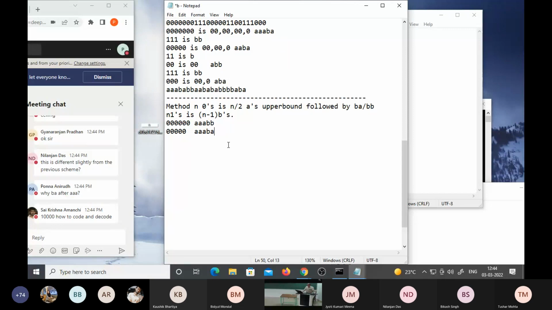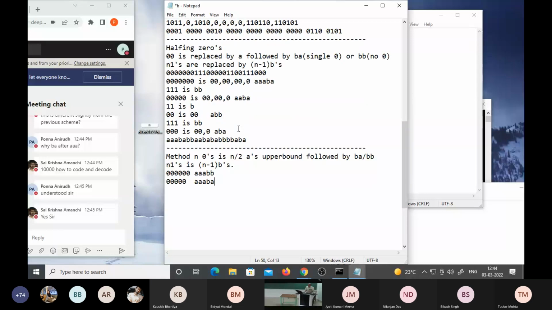Is it correct? Yes. Any other problem? Is there any time when we cannot decode it?